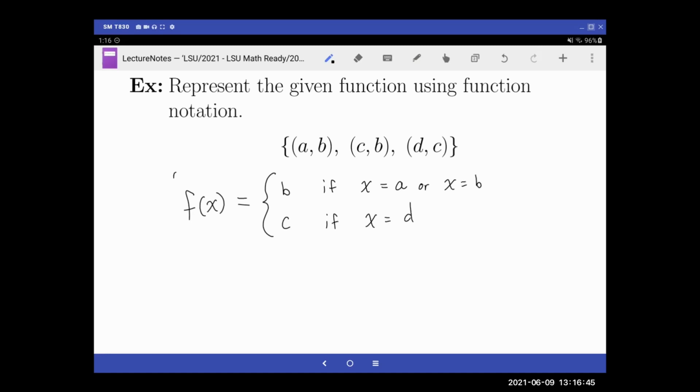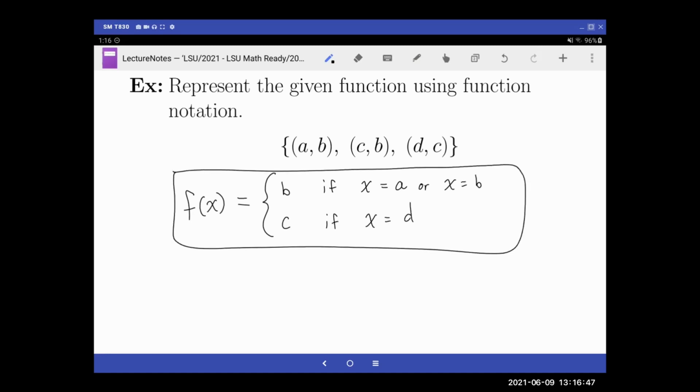From this formula, this function, you can actually get all of these ordered pairs. If you said, what's f of a? Well, then you would look at this and say, when x is a, y is b.